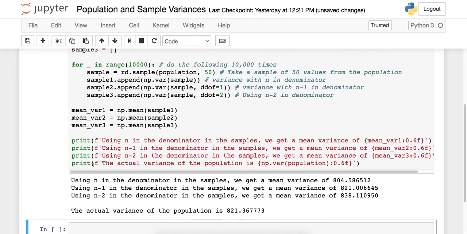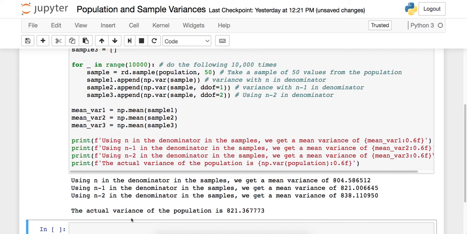Okay. So using n in the denominator for calculating variances of our samples, we get a variance of 804.5865. Using n minus 1, we get 821.0066. And using n minus 2, we get 838.11095. That would be the mean of each of the variances in our lists.